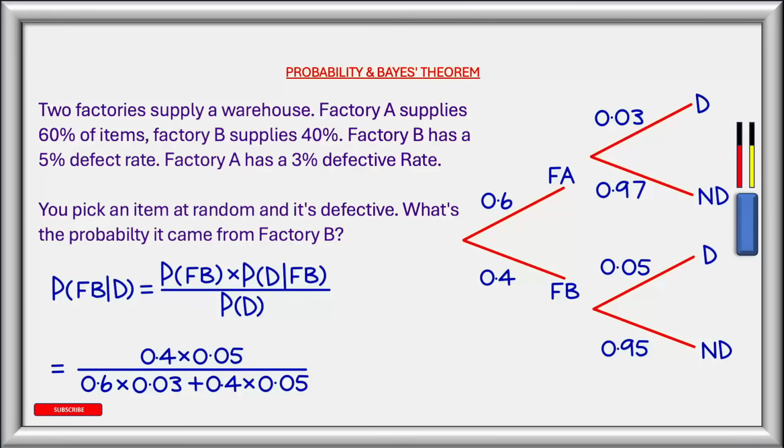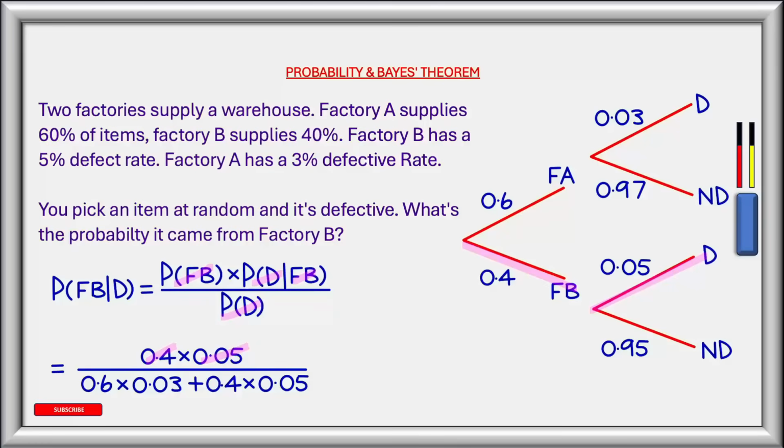And so the probability that the item is from Factory B is given by this branch of the tree diagram. So it's 0.4. And the probability it's defective, given it's from Factory B, is given by this branch on the tree diagram. So it's 0.05.